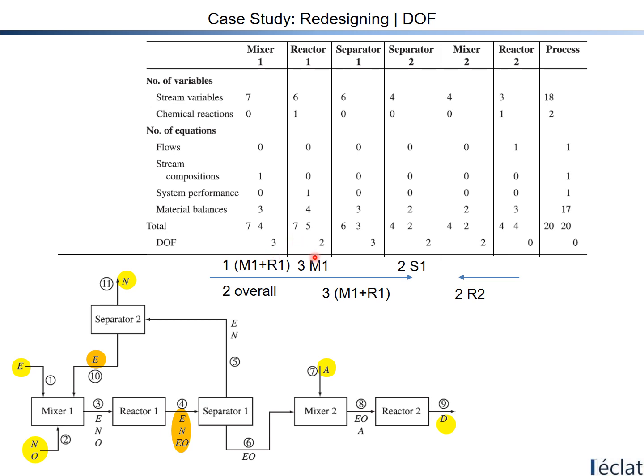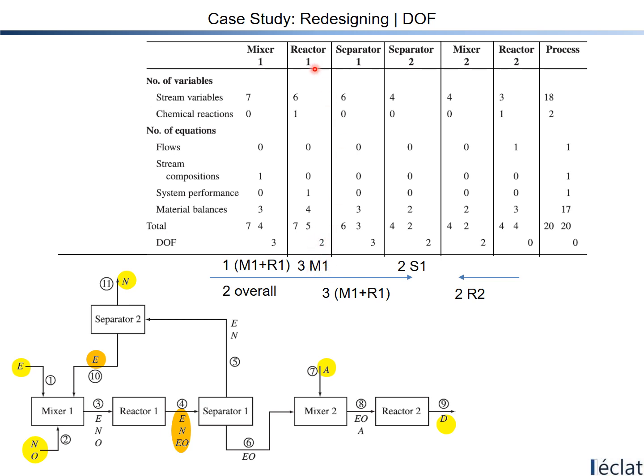Let's go to reactor 1, 2 degrees of freedom. From the calculation about mixer 1, you have the values of the variables which are the input stream for reactor 1. So 3 more pieces of information were fixed. Then it means we have enough information to satisfy the freedom of 2.